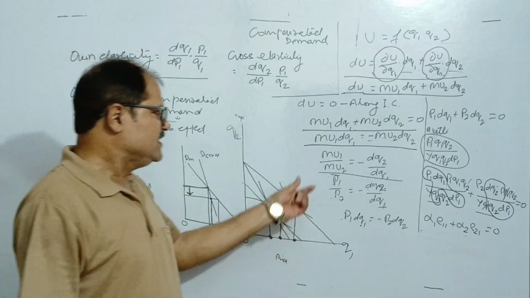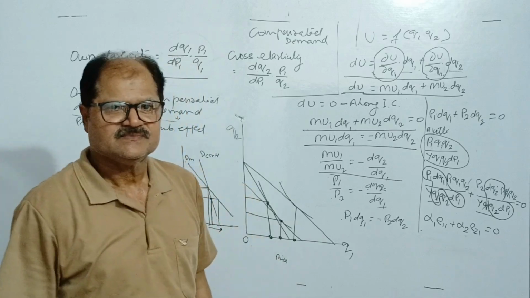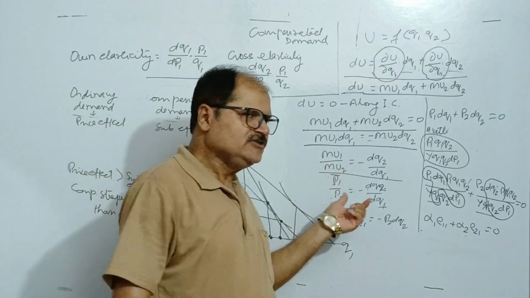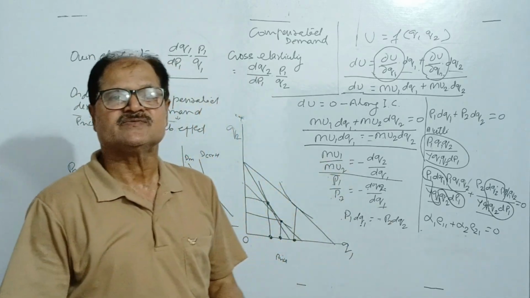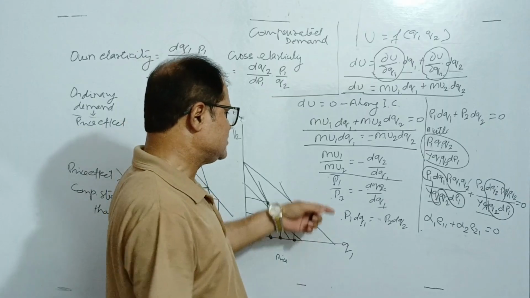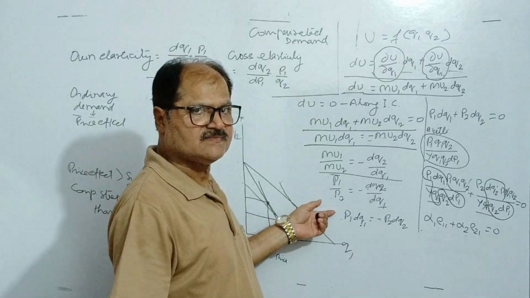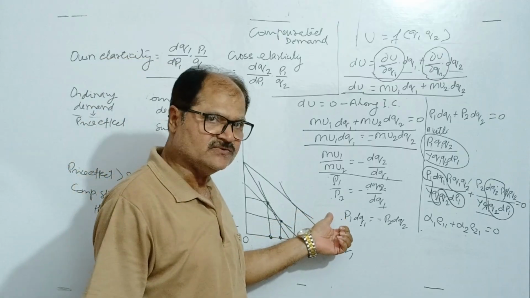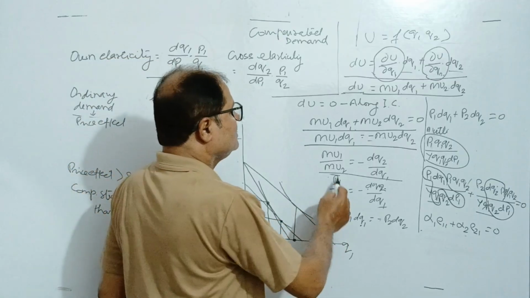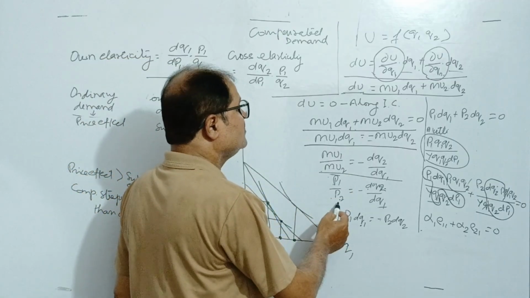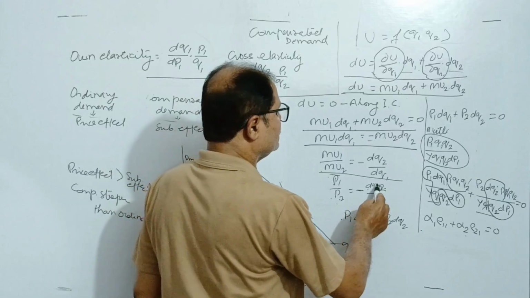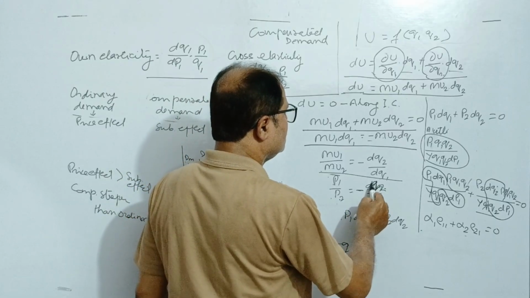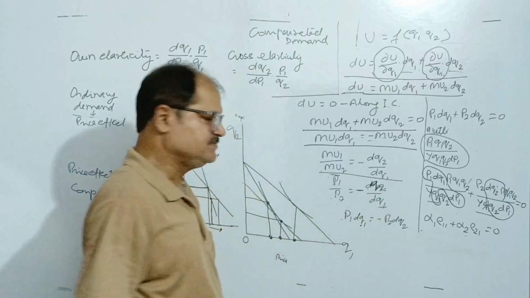Now, we know that in equilibrium, a ratio of marginal utilities or marginal rate of substitution equals price ratio of the two commodities. Here P1 is the price of commodity 1 and P2 is the price of commodity 2. So, we replace this by P1 upon P2 and this expression is found, dq2 divided by dq1.